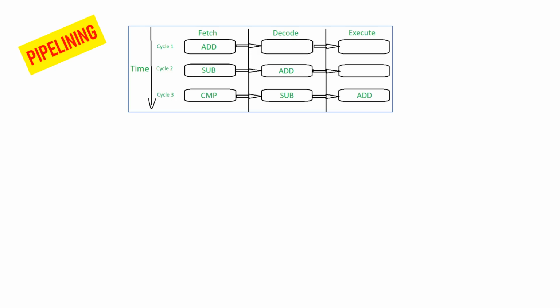So in the third cycle, 3 instructions are happening, right? Like fetching, decoding, and executing. This is known as pipeline. So within 3 cycles, you can complete this fetching, decoding, and execution.